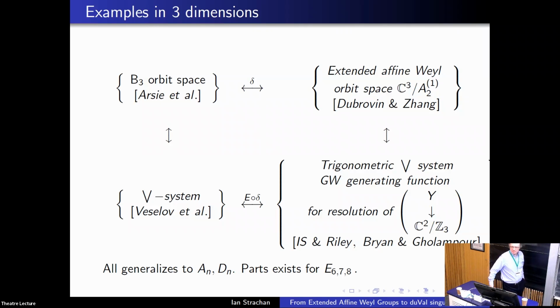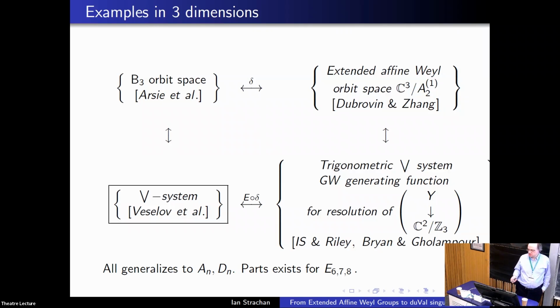Annoyingly, parts exist for E6, 7, and 8. The top right exists. Dubrovin and Zhang had a construction for C7 over E6, etc. with a specified marked node, and Ryan had this sort of object down here.